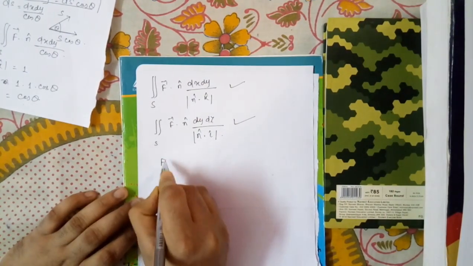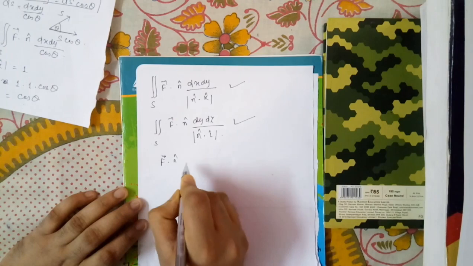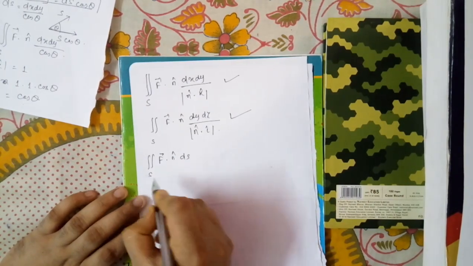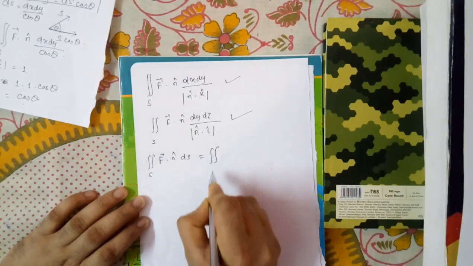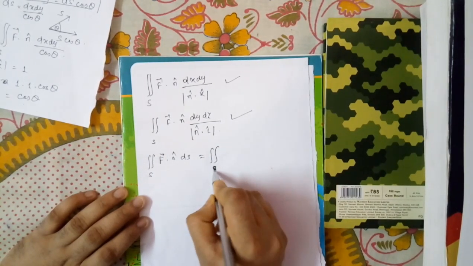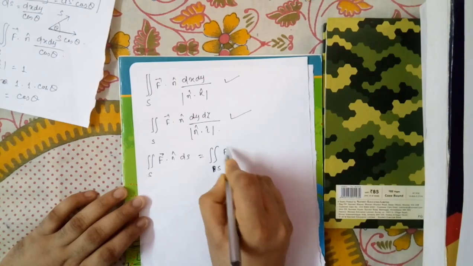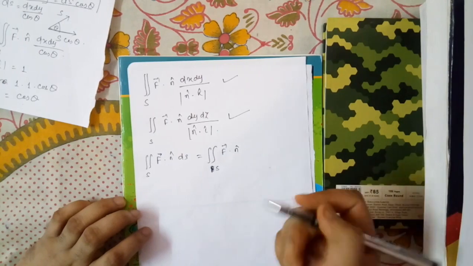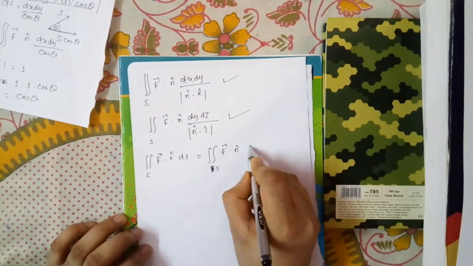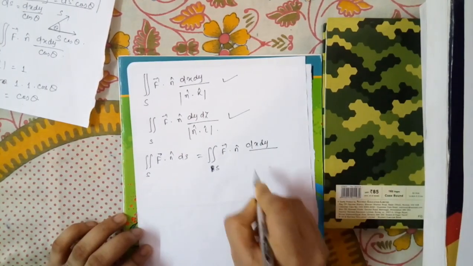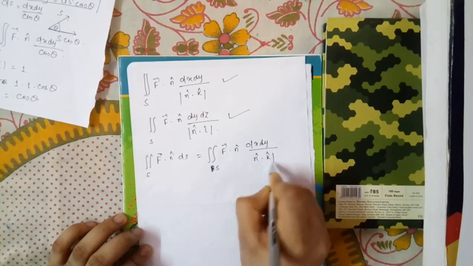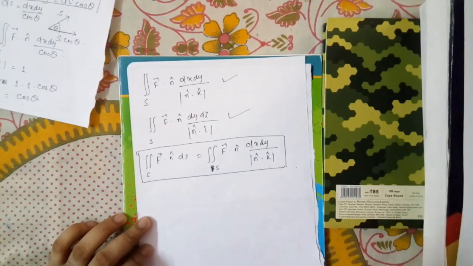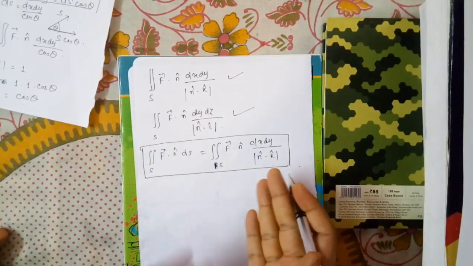So the final formula now becomes the integral of F dot n cap dS over the surface S is equal to the double integral of F dot n cap dx dy by n cap dot k cap, assuming we are projecting on the XY plane. So this is now the formula. We can use this directly to find the answer.